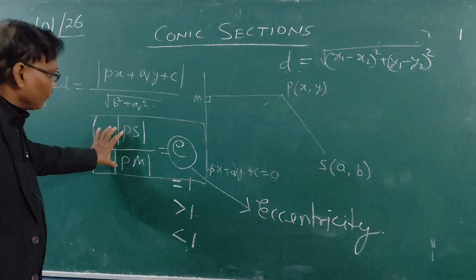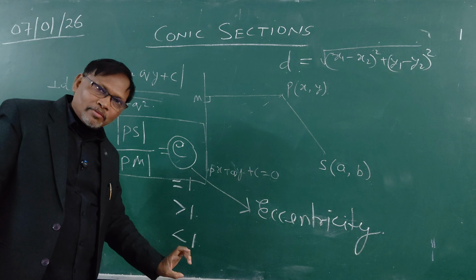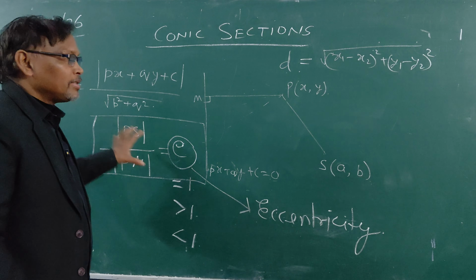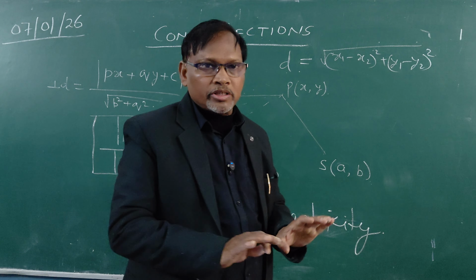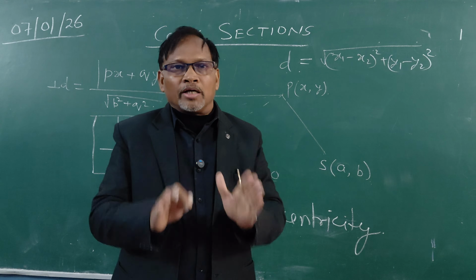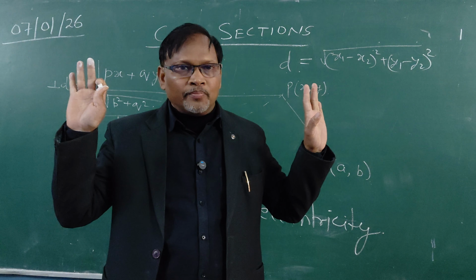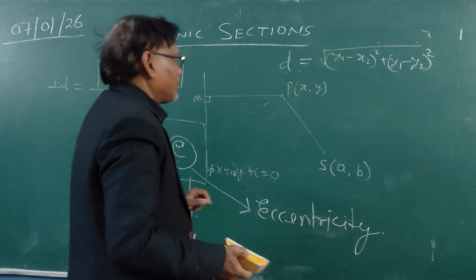Then you will put in small e, given as 1, less than 1, or greater than 1, and you will get an equation. That equation will represent the equation of the conic section in x and y.